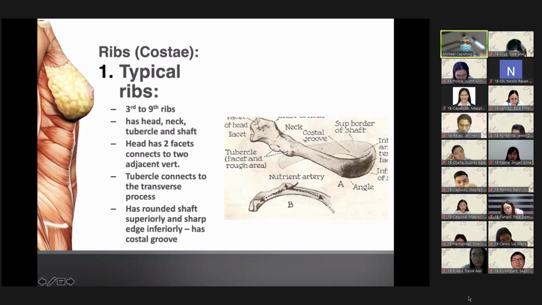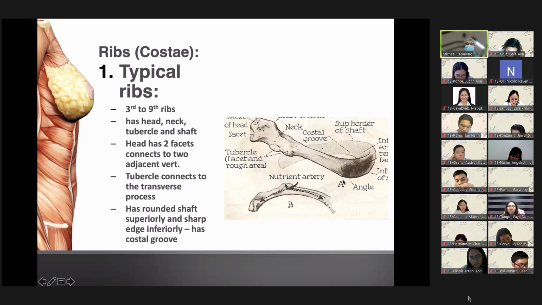So if you characterize ribs 3 to 9, these will have a head, a neck, and tubercles. These are fairly regularly seen in ribs 3 to 9. It will have two facets that connect to your adjacent vertebrae as it goes posterior. The tubercle will also connect with the transverse processes of your vertebra. The shaft is round superiorly with a sharp edge inferiorly.